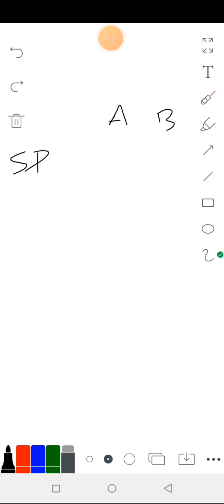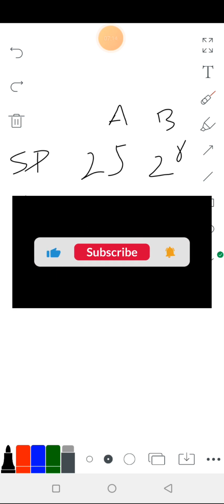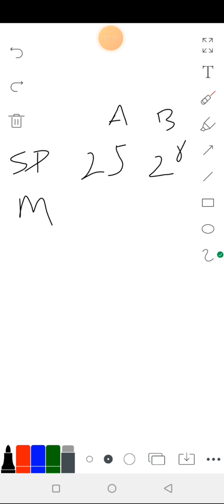All right, the selling price for A was 25, and for B is 28. And the material cost, let me just say M because my pen is not friendly.